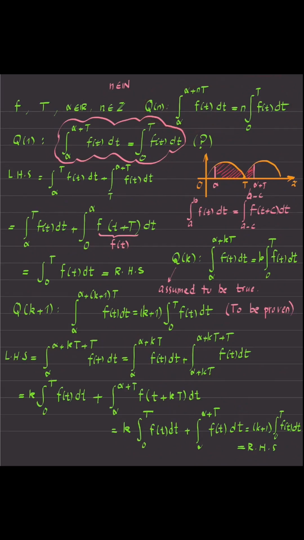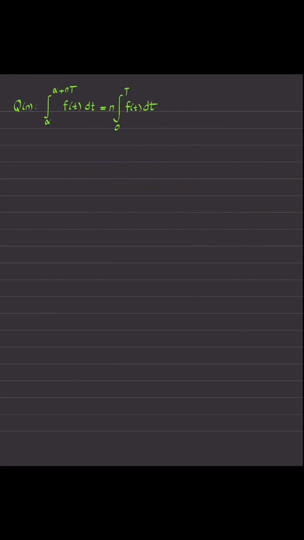But in order to complete the proof, I need to also do it for negative integers. So let me do it on the next page. Okay, so far I was able to prove the truth of this statement if n is any natural number. But now let us assume that n is a negative integer.